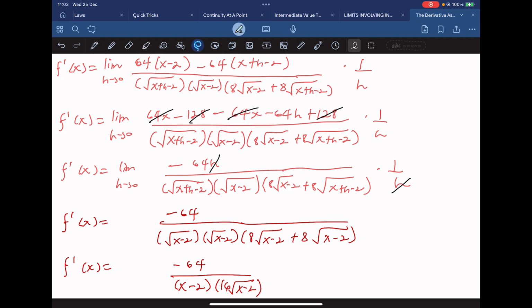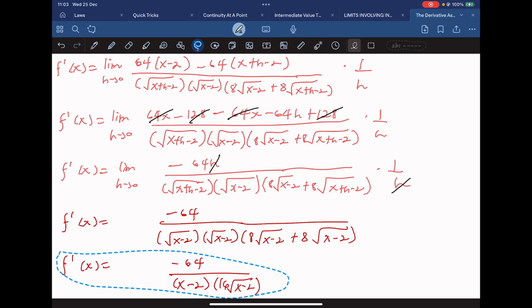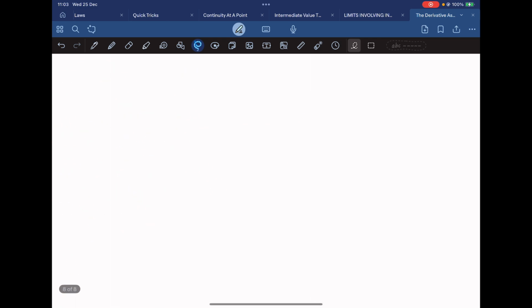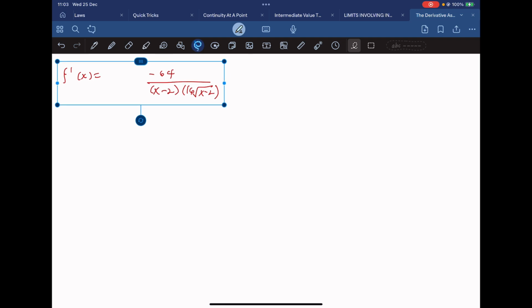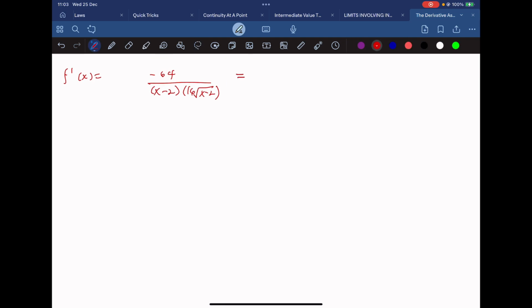So let me copy this right here. So we have this. So we can rewrite this as negative 64. We can bring the 16 outside, we can have x minus 2 and the square root of x minus 2.